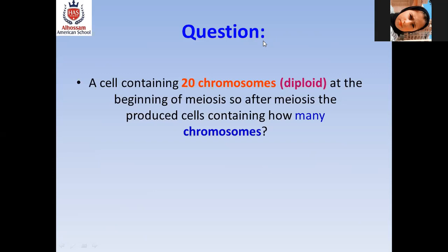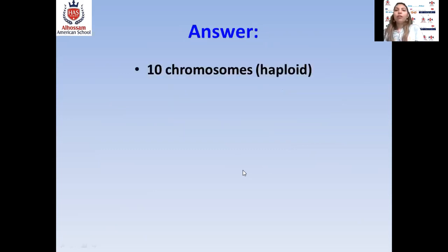Yes, 10. Remember, we start with a cell with 2N, or diploid, 20 chromosomes. The aim of meiosis is to give cells with half the number of chromosomes. So half of 20 is 10. The answer is 10 chromosomes, which is called haploid. Haploid means half the number.